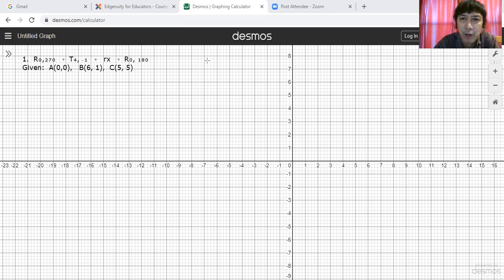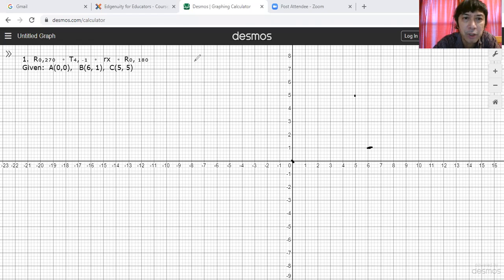We can use a dark colored pre-image. So starting with the origin, and then 6, 1, and then 5, 5. So that must be over here. Yeah. Okay. And then we can proceed with the drawing.